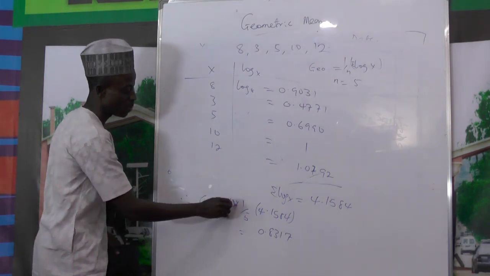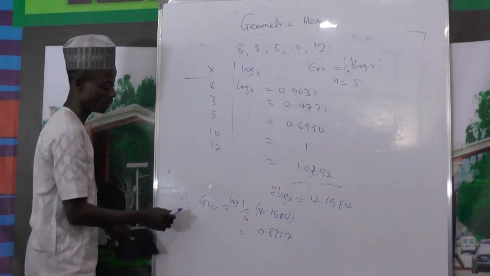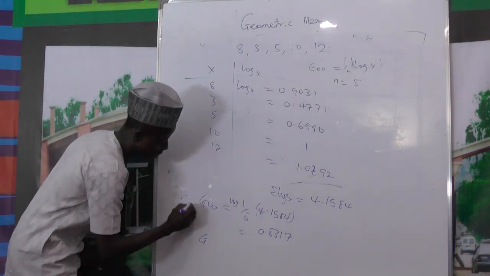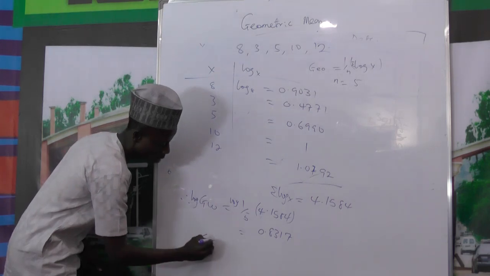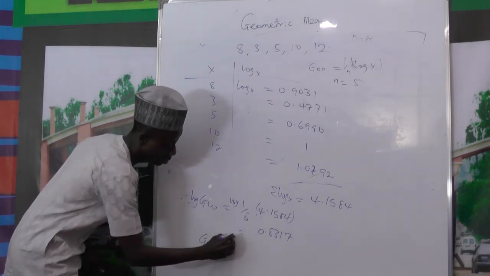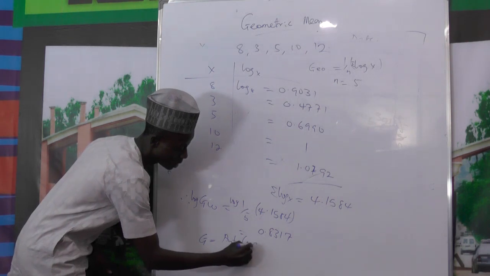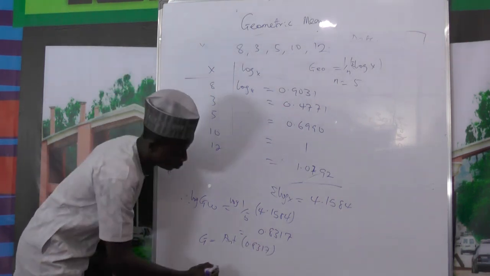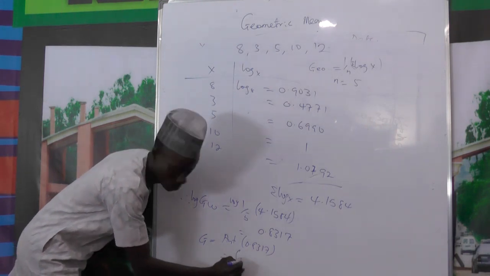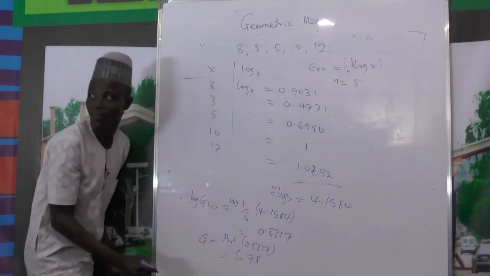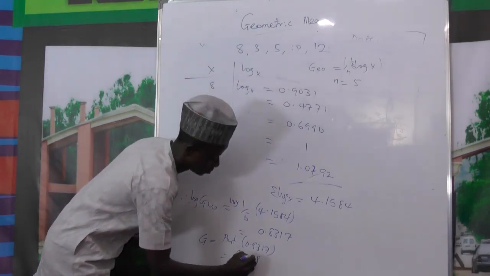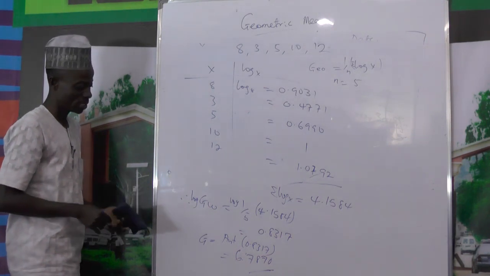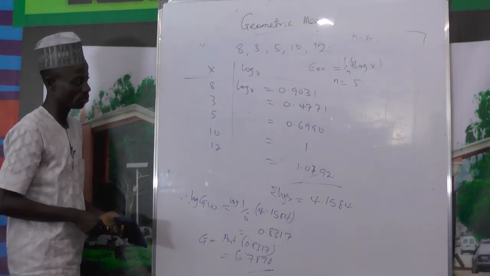So to now get back to our geometric mean, you now take the antilog of this. So our geometric mean itself will now be equals to antilog of 0.8317. So if you take the antilog of this, the geometric mean will be equals to 6.7870.